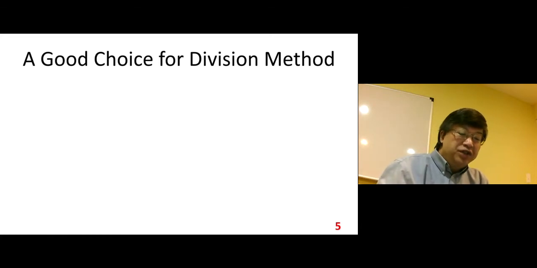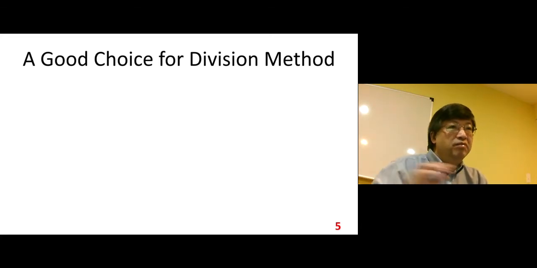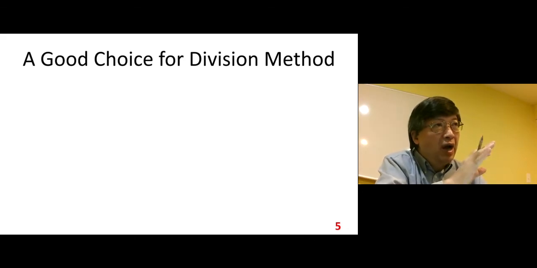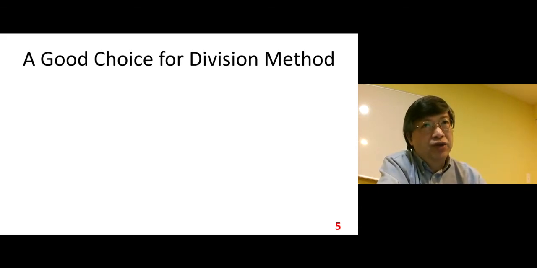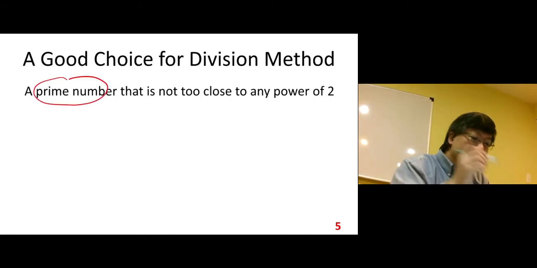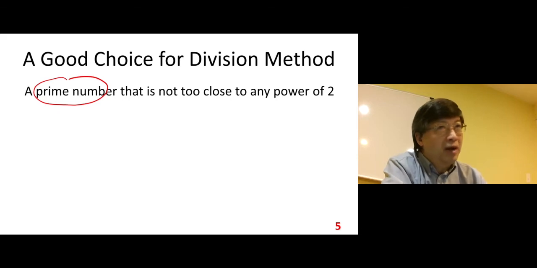A good choice of division method. Now we want to look at this. We try to avoid the 2 problems we observed in the previous 2 examples. The method is to use a prime number. M is a prime number. 15 is not prime; 15 equals 3 times 5.